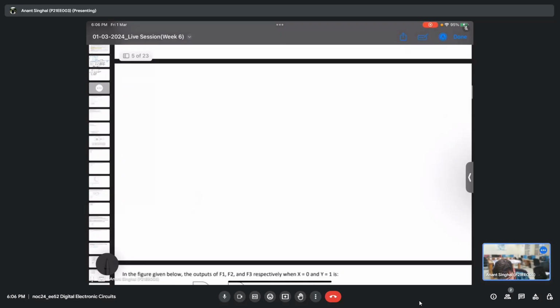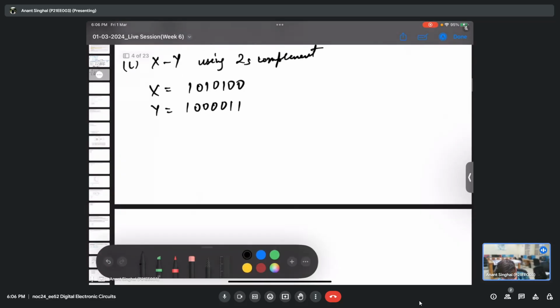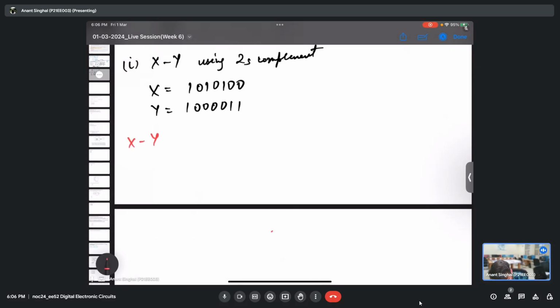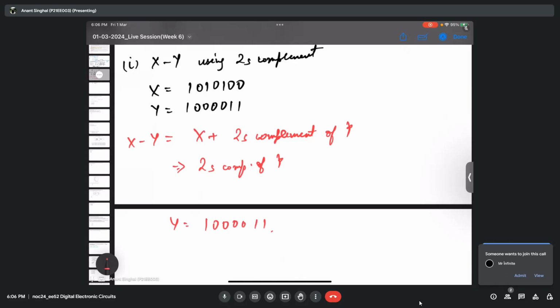As we have already discussed, for x minus y I need to add the 2's complement of y to x. So first I'm computing the 2's complement of y, which is 1 four times 0 double 1.